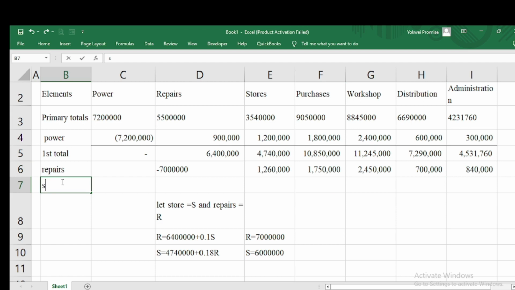Alright, let's jump now to the section of stores. Store is given to itself 6 million, and then giving to this guy 10%, right, which will be 600,000.